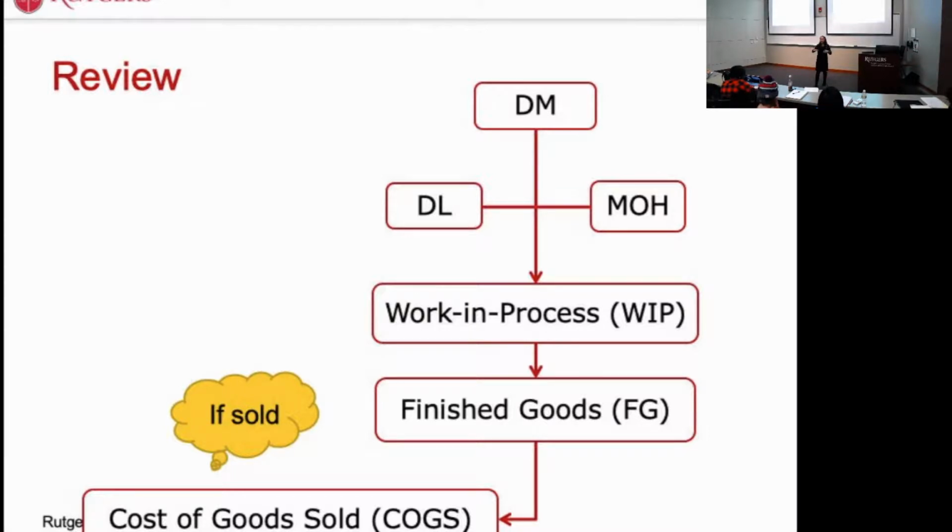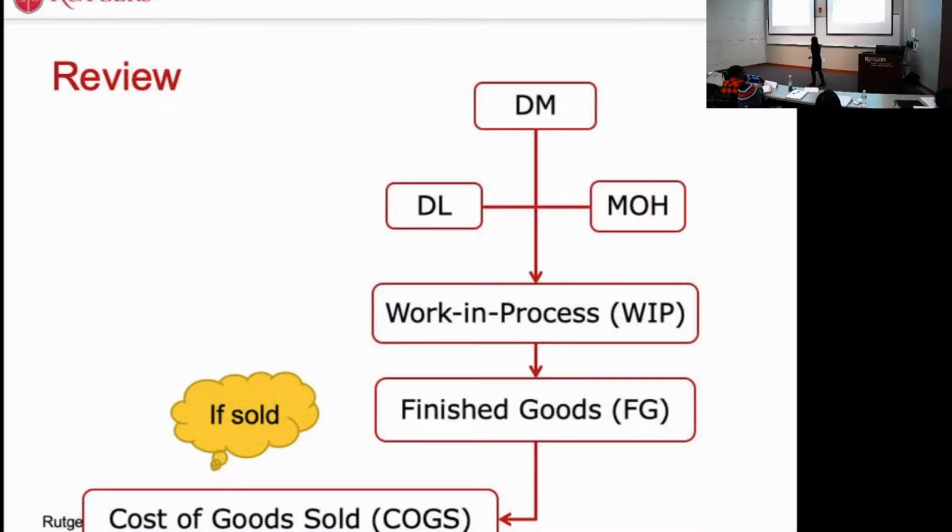The products that are in the process of manufacturing but have not been completed are called work in process. After this part has been completed, it will be moved to finished goods. And after we sell the products, we expense them as the cost of goods sold, right? So that's the procedure of how the product costs flow in a manufacturing firm.